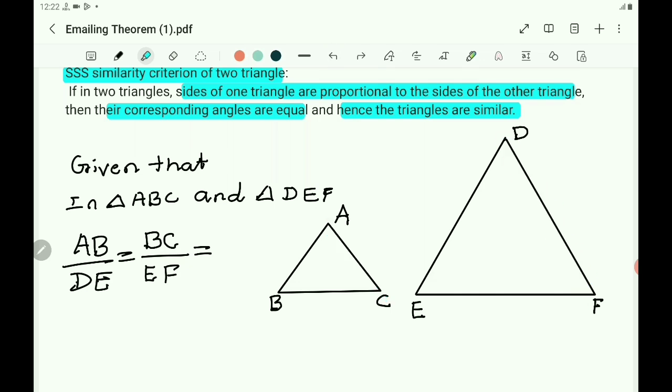Sides are proportional. This is given. This is a given thing.